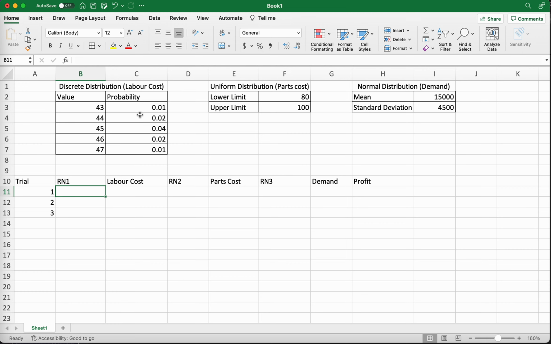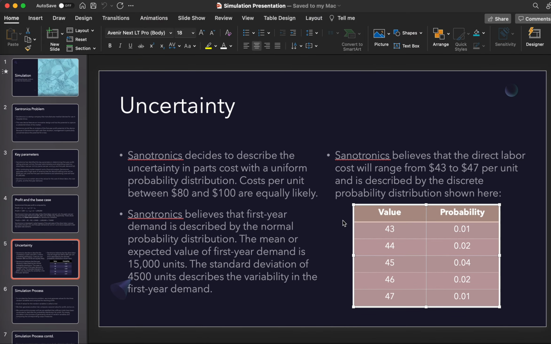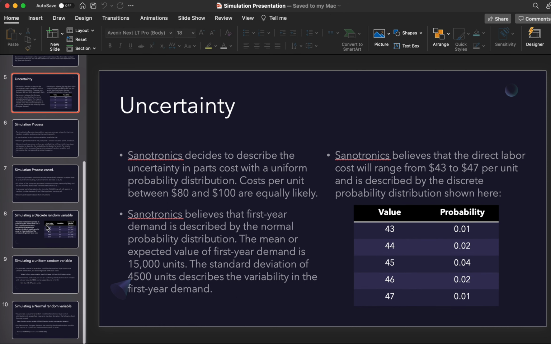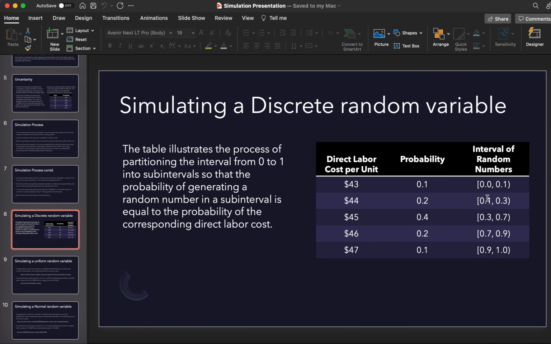Labor cost is a discrete distribution. The way we simulate a discrete distribution is we have intervals of random numbers between 0 and 1, and then we use those intervals to simulate the discrete distribution.